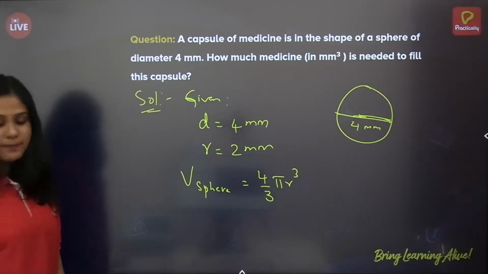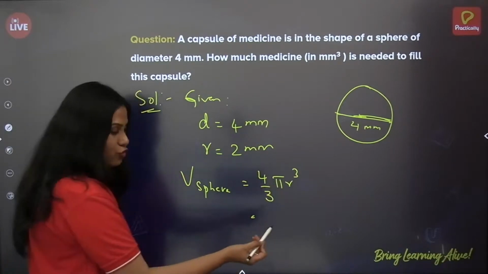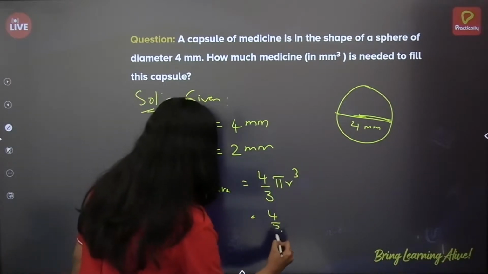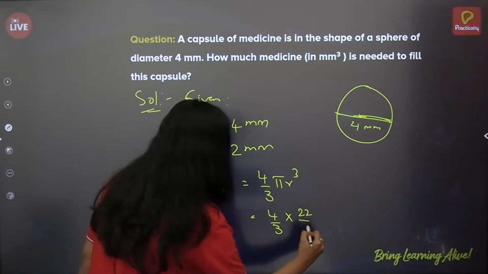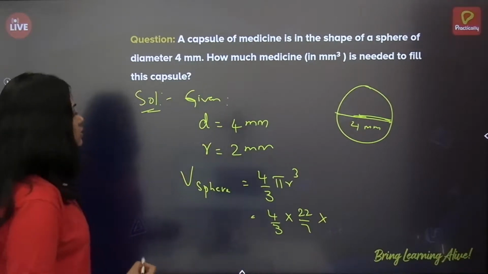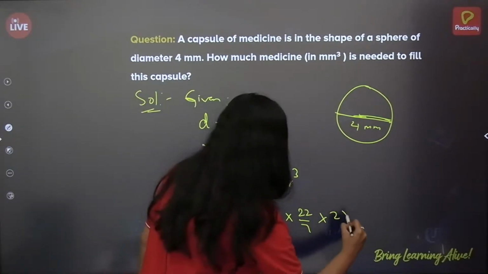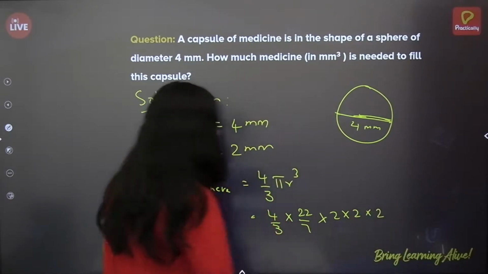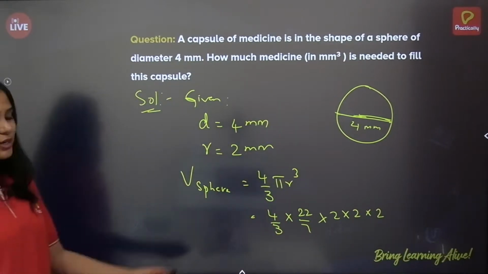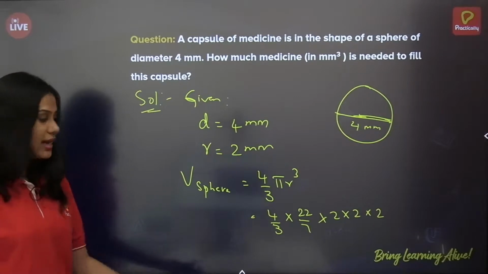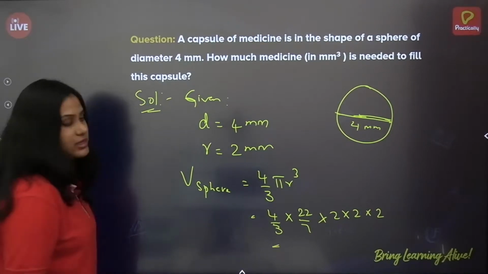Now just apply the formula, just substitute it. 4 by 3 into 22 by 7 into what is r? 2 into 2 into 2. So you can do it, right? I'm just not doing the calculation. Please do it and write the answer. Okay?